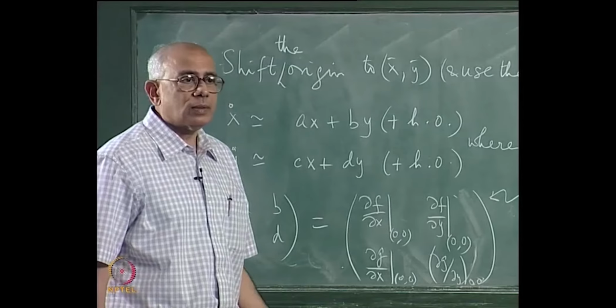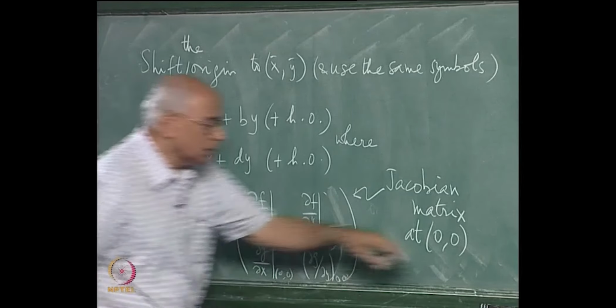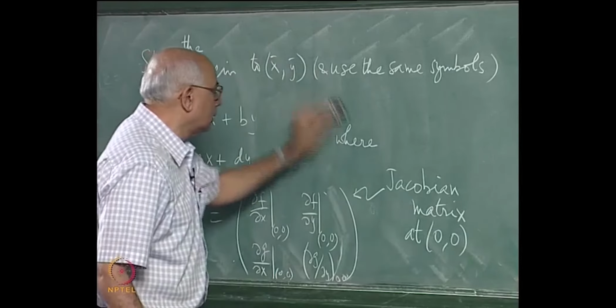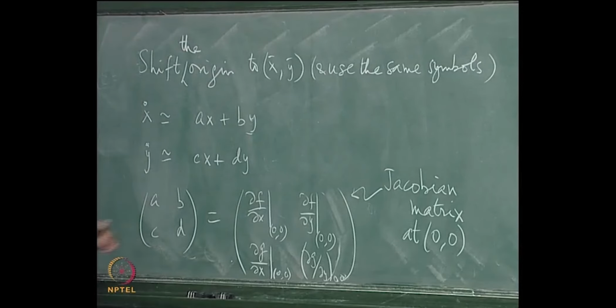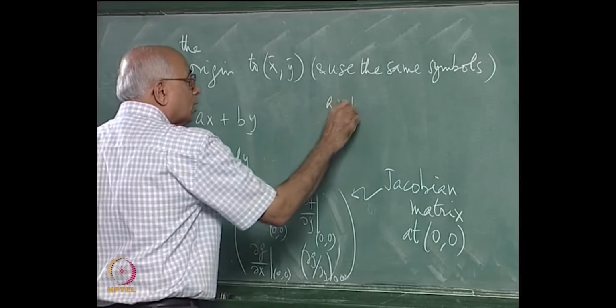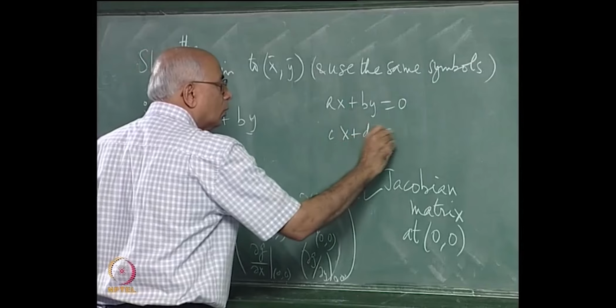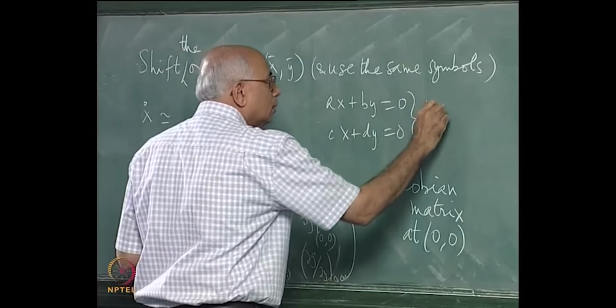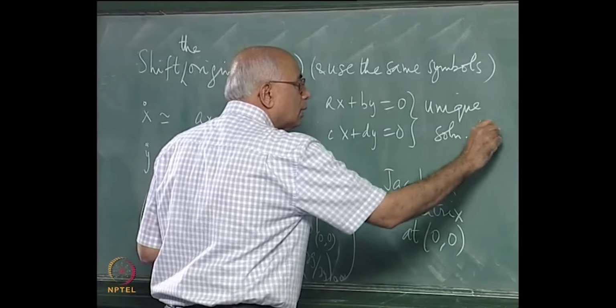That it is not singular, that this matrix is not singular. In other words, I took this set of equations and I said (0, 0) is a solution for the critical points, namely the right hand sides are equal to 0, and I assumed that the only solution of ax plus by equal to 0, cx plus dy equal to 0 has a unique solution (0, 0).